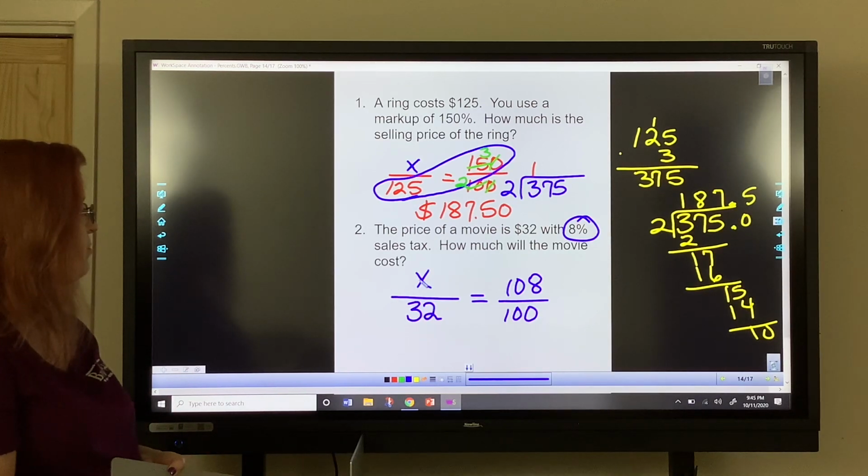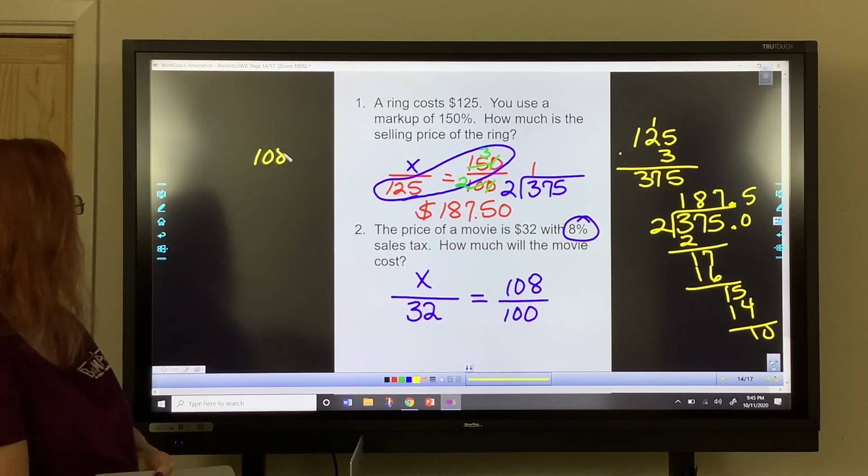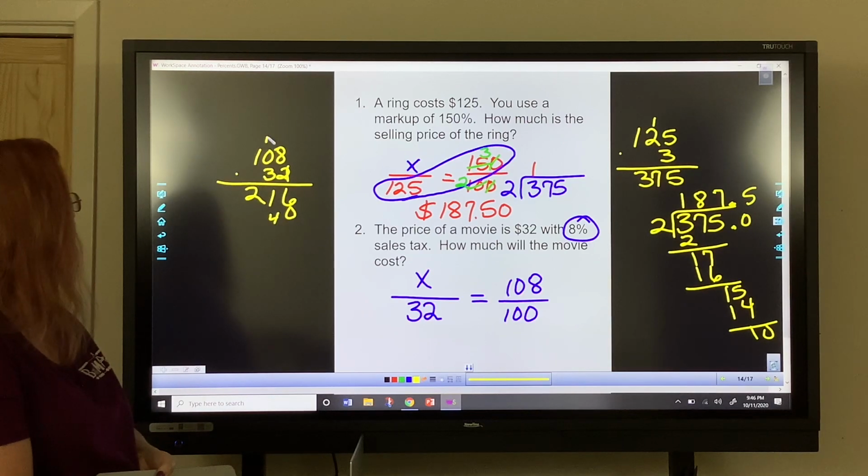So now we end up with 32 times 108. So 108 times 32. So that's going to be 16, 2, 0, 24, 2, 3.